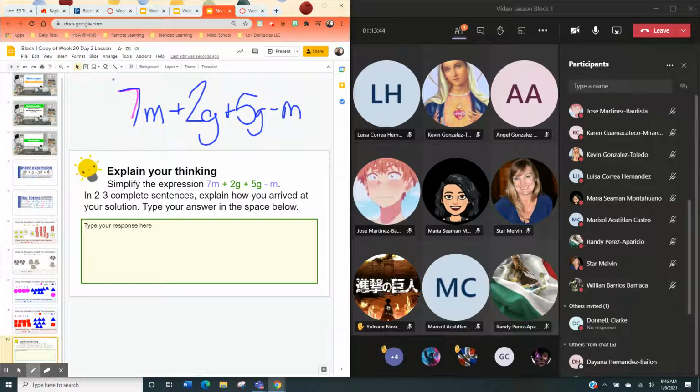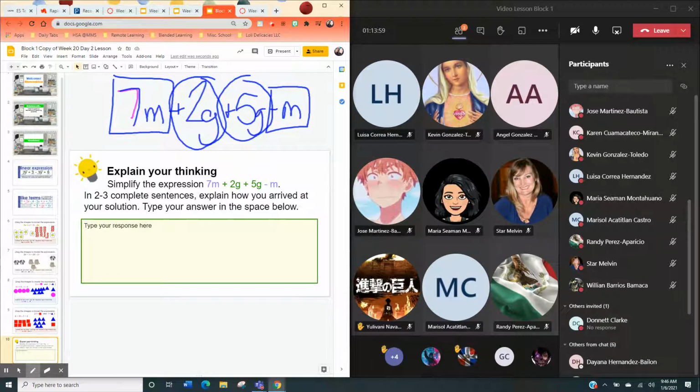Remember, 7m and minus m are the same thing, and plus 2g and plus 5g. So if I have 7m minus m, so let's say I'm not sure what to do, right? I have 7m minus m. What would that give me?